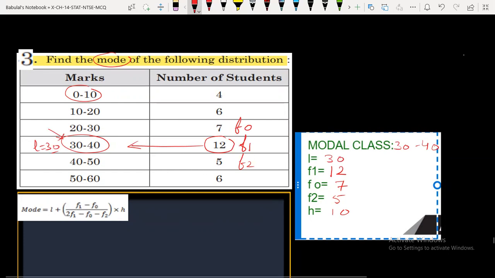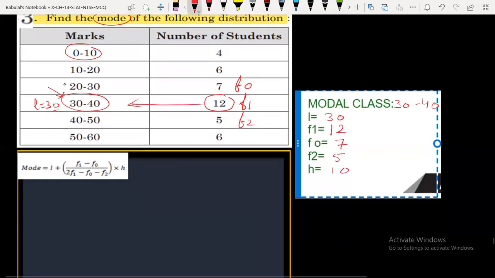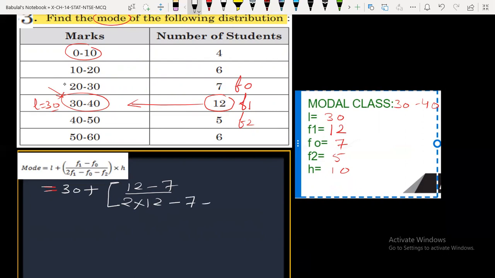Yes. So now we put the values. Mode is equal to L. L is 30. What is F1? 12. F0, that is 7. Twice into F1, that is 2 into 12, minus 7, minus 5, into H, that is 10. That is 30 separately.